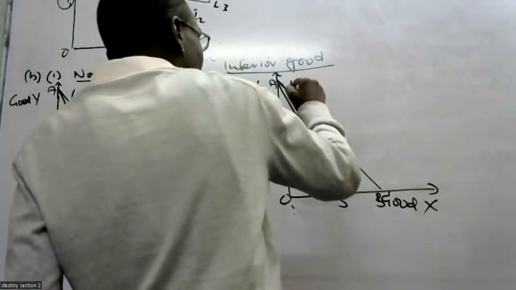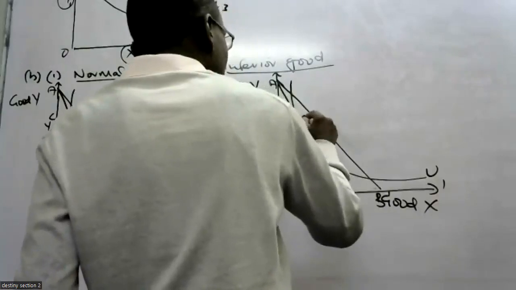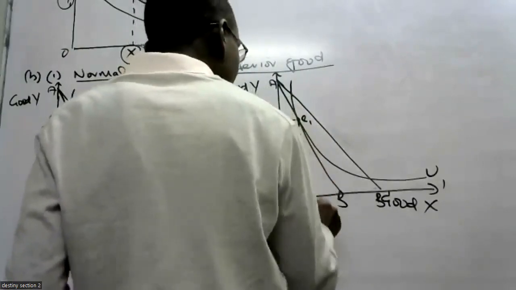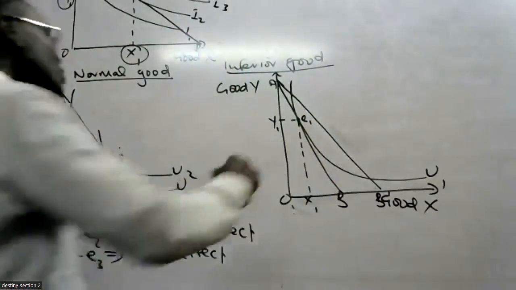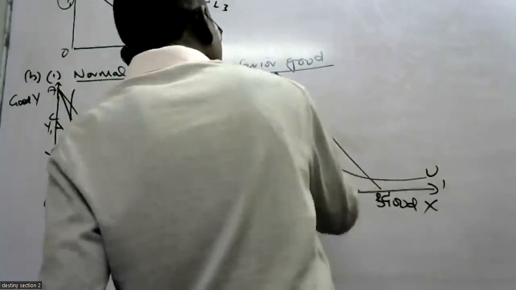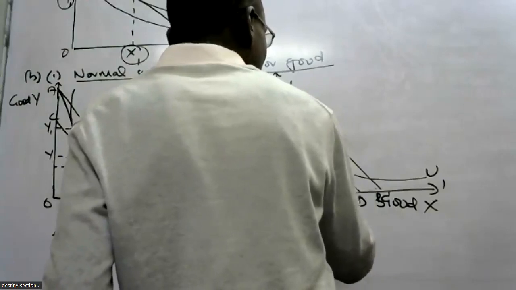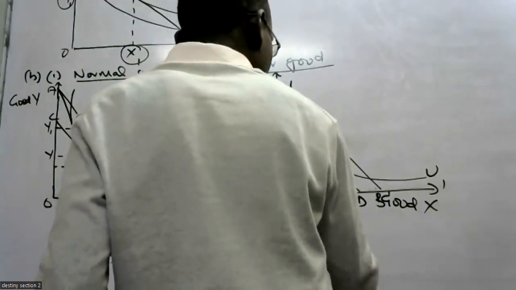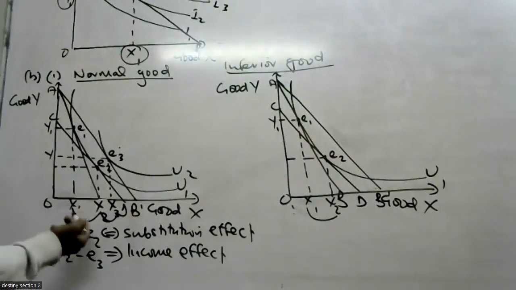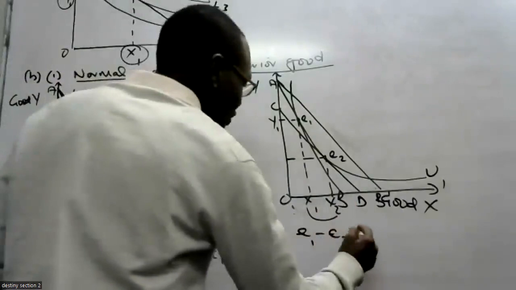Then you introduce your first indifference curve like that. And this is E1. This is the same for all of them. Then I introduce CD, the same for all of them. It touches the same indifference curve at this point, which I call E2. And that is X2. The substitution effects are the same. X1 to X2, E1 to E2 is the substitution effect.